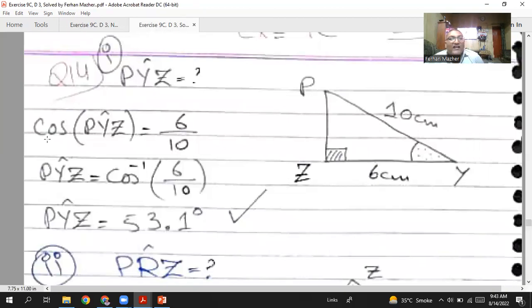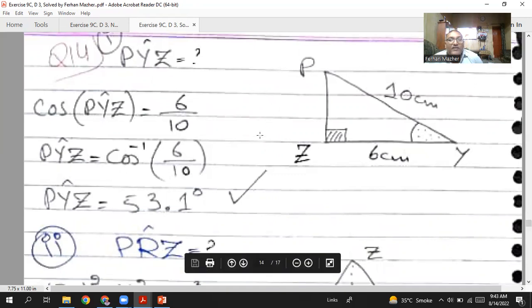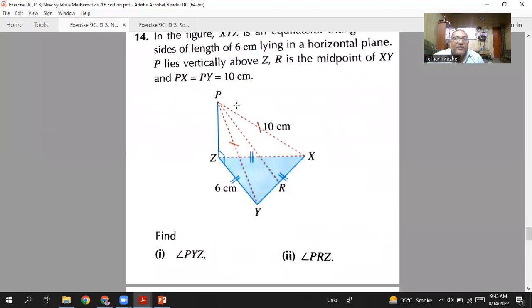So I will use cos PYZ is equal to base by hypotenuse. Base is 6, hypotenuse is 10. So the angle PYZ will be equal to cos inverse of 6 by 10, which is 53.1 degrees. So this is how you will find that angle. Very simple and straightforward question.